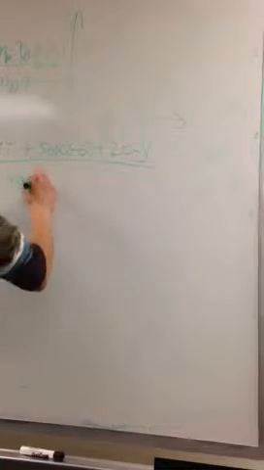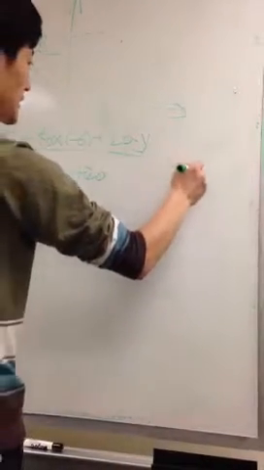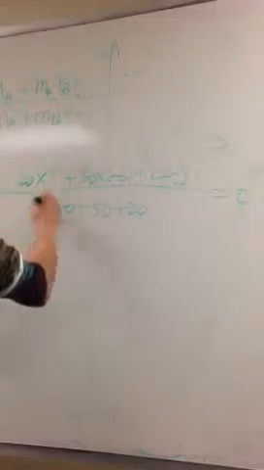The denominator is 40 plus 50 plus 20, and we know that is 0 because it's in origin, right? Again, here needs to be 0.